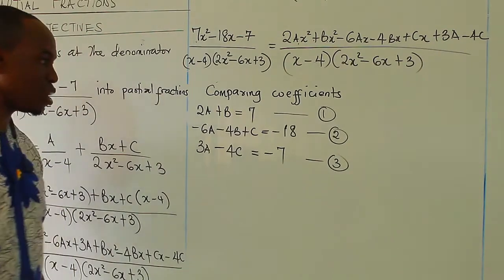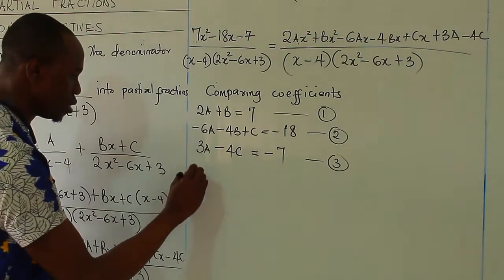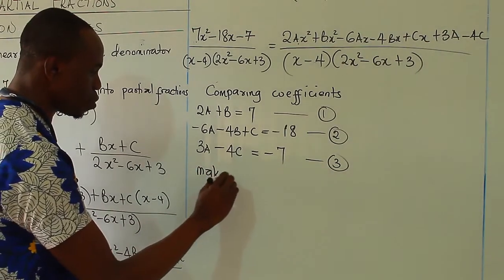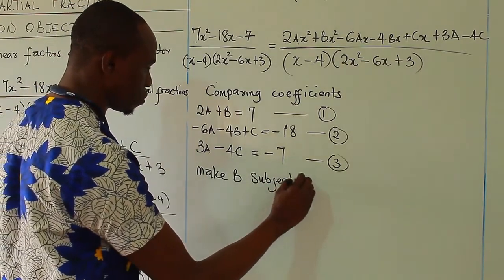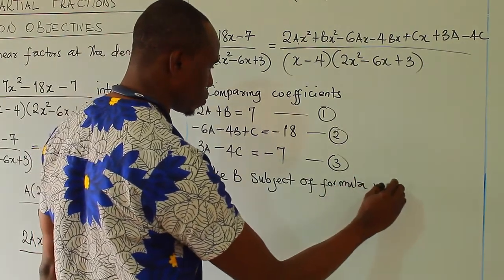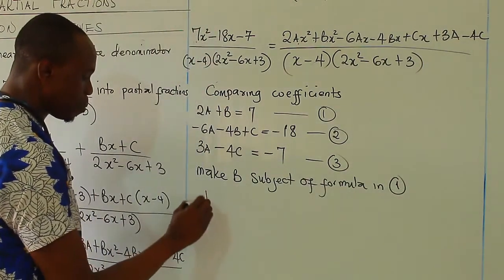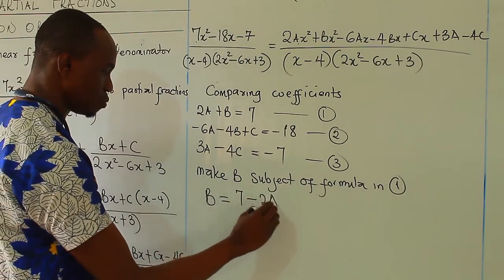I'm going to make any of the variables the subject of the formula in any of the equations to get the other values. So I'll make b subject of the formula in equation 1. So when that happens, b will be equal to 7 minus 2a.